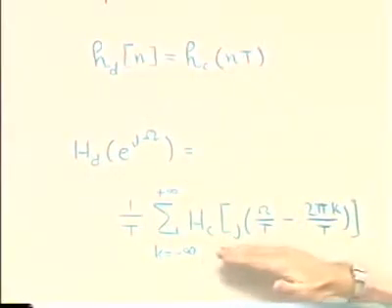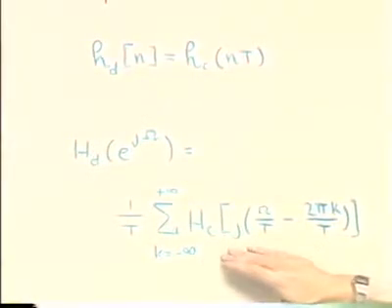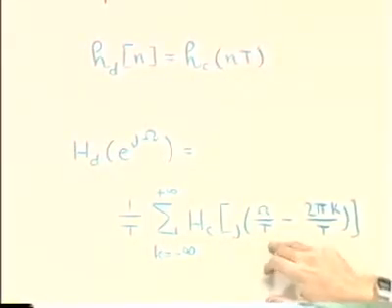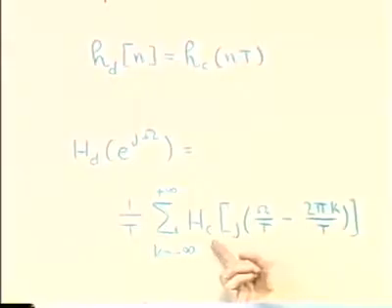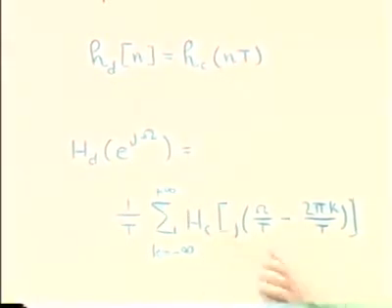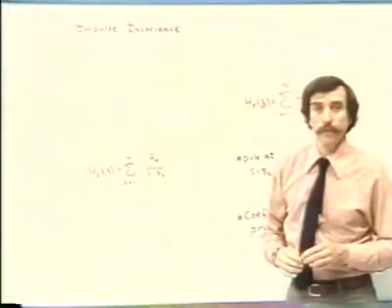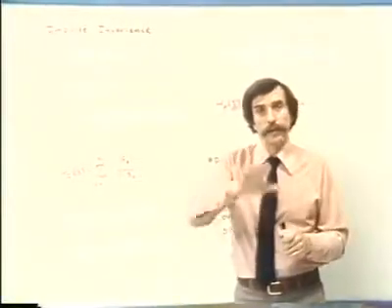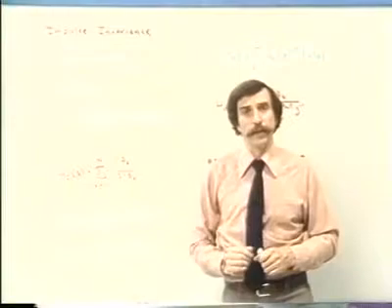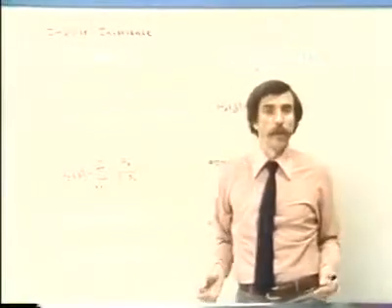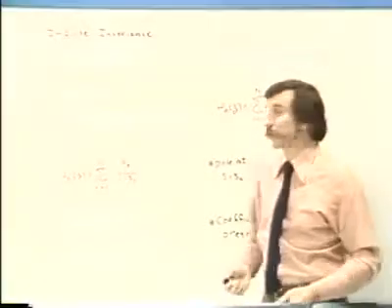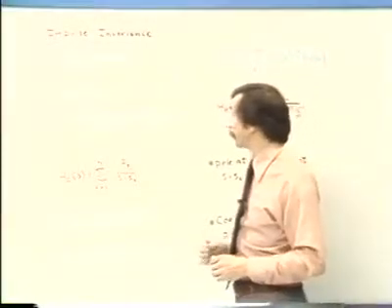And what this says is that it is the superposition of replications of the continuous time frequency response, linearly scaled in frequency, and shifted and added to each other. It's the same old sort of shifting, adding, or aliasing issue, the same sampling issues that we've addressed before.